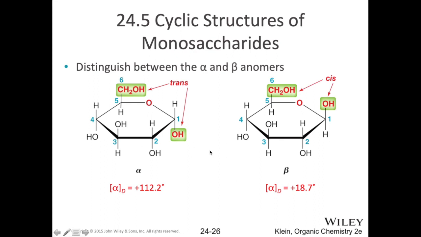Okay, so here we have our two anomers. You can help distinguish between them, obviously from the structure by looking at whether the alcohol group is cis or trans to that number 6 carbon. But also experimentally, since these are both diastereomers of each other, they'll deflect light differently.